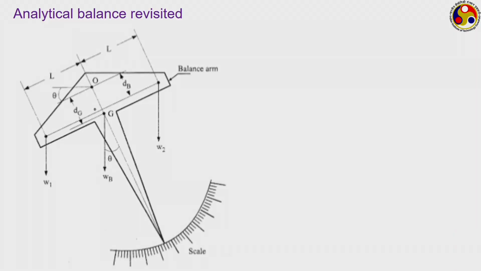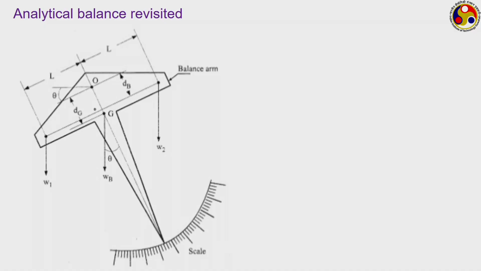So, the first in line is the analytical balance, which is quite often called the equal arm analytical balance, because this is the one where we commonly have one fulcrum or pivot located exactly at the center, and at equal distance from that fulcrum we have two arms or two plates on either side, or you can say two trays.